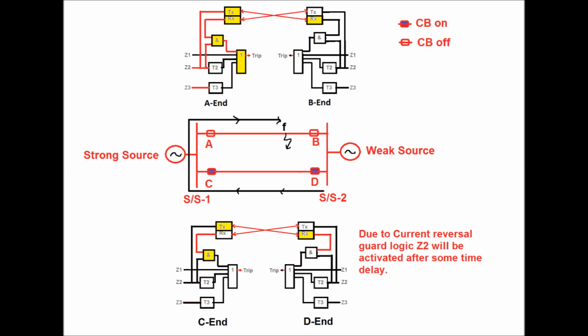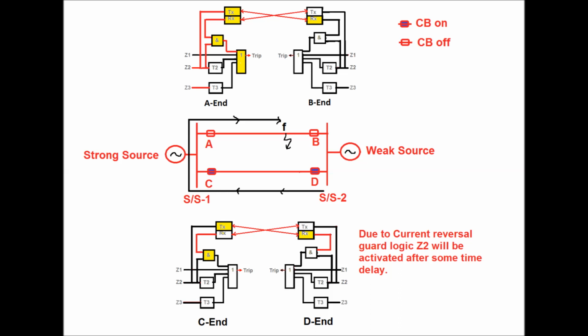So thereby, with tripping of the A end circuit breaker, the D end relay will not detect this fault at zone 2 location. So in case of the D end relay, the zone 2 detection and permissive receive signal are not satisfied, and also before the detection of zone 2 location, this permissive signal might reset due to the setting of the current reversal guard logic.